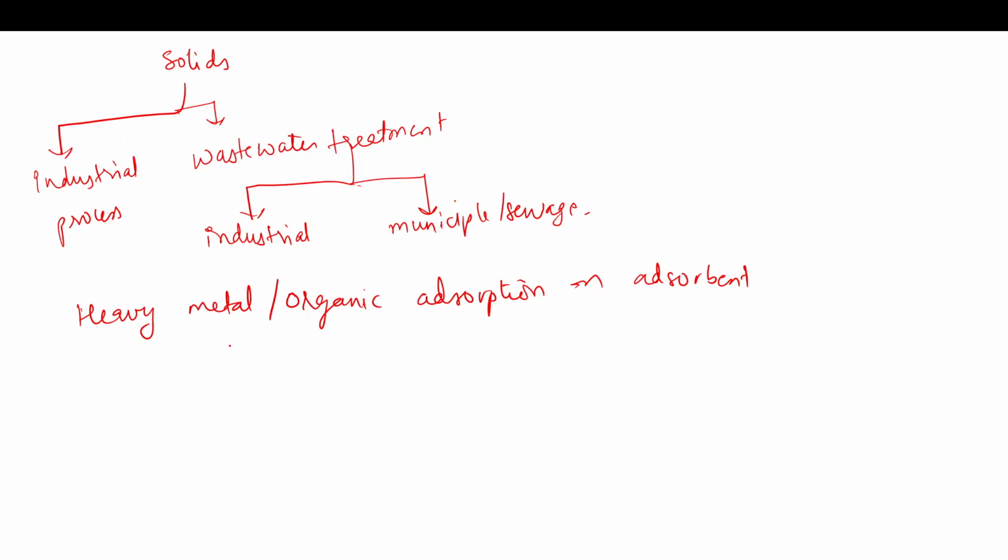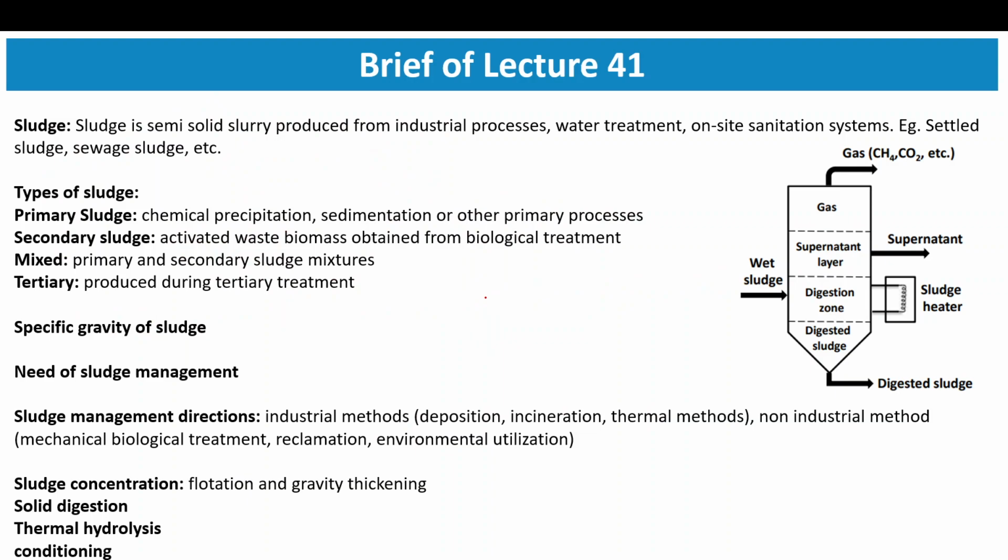So what you have done, the toxicity has been transferred from water phase to this solid phase. Okay, so this now again will be toxic because it has heavy metals or some hazardous organics which cannot be directly disposed.